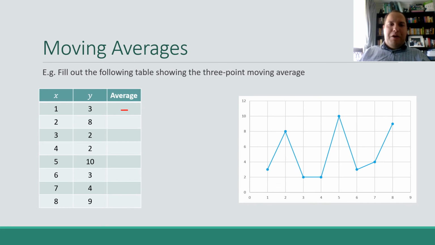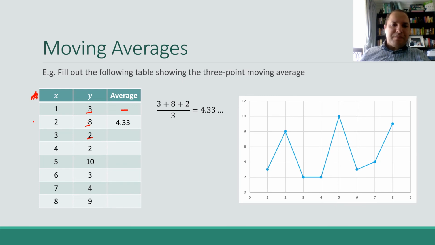We've got a point below, but there's no point above for us to find a 3-point moving average. We'll have to start with the next score. With 2, we average our scores, the one above, the one at 2 itself, and the next one down, and average those numbers. You end up getting 4.3, which we can put into our table.